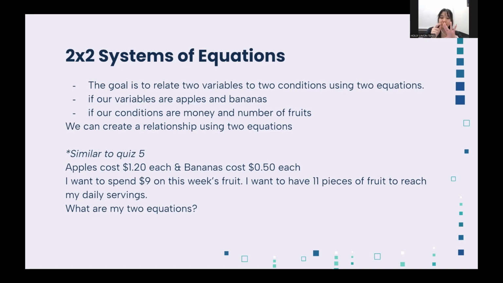That allows us to create the system of equations. Similar to quiz 5, if we have apples costing $1.20 each, and bananas costing 50 cents each, and I want to spend $9 on this week's fruit, and I want to have 11 pieces of fruit, what would the two equations be?